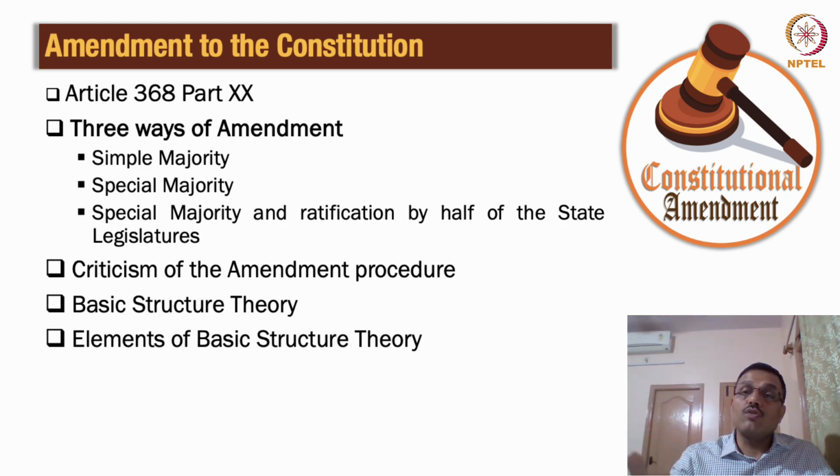In Shankari Prasad versus Union of India in 1951, the Supreme Court says yes, because that is not covered under Article 13. This is a higher law, and fundamental rights can be affected by an amendment to the Constitution. It can be abridged, and hence the court said, we will not intervene with the parliamentary power. So it meant that in 1951, just after independence and the Constitution being adopted, parliamentary supremacy was established by the court, and the court said the Parliament and the legislature are supreme.